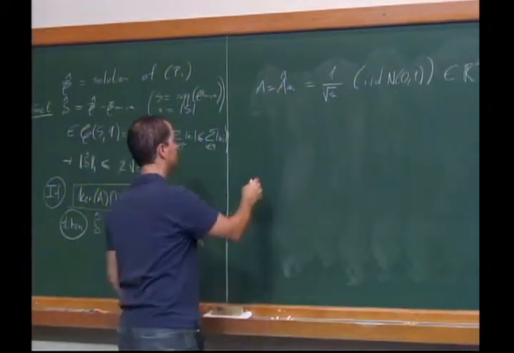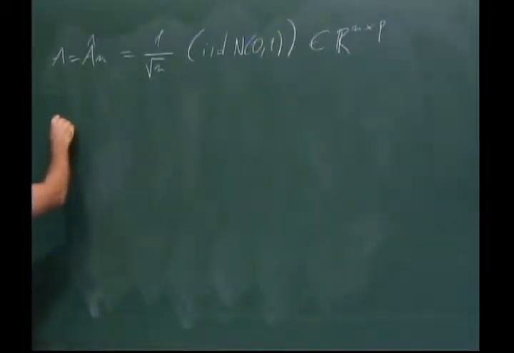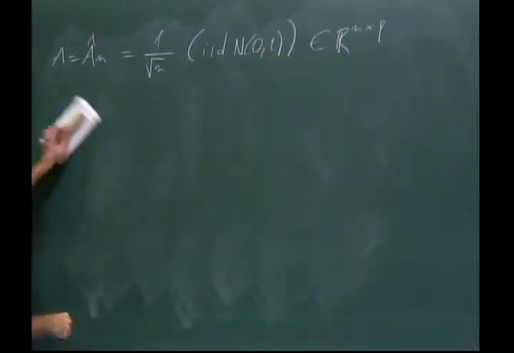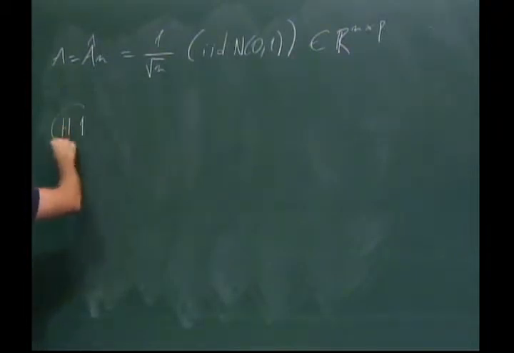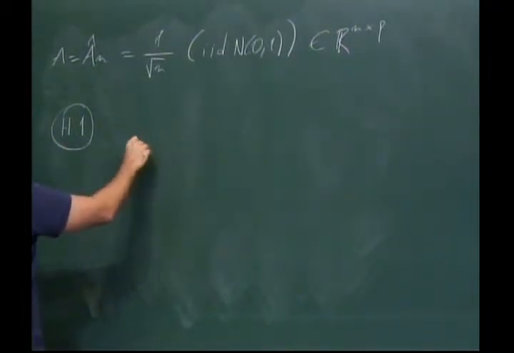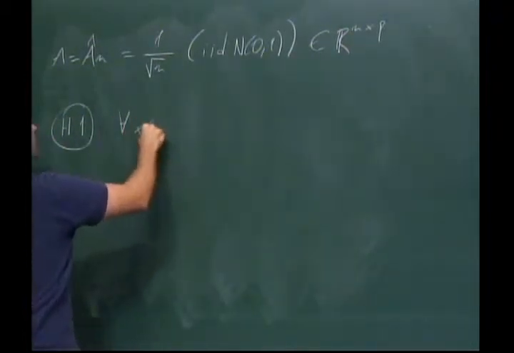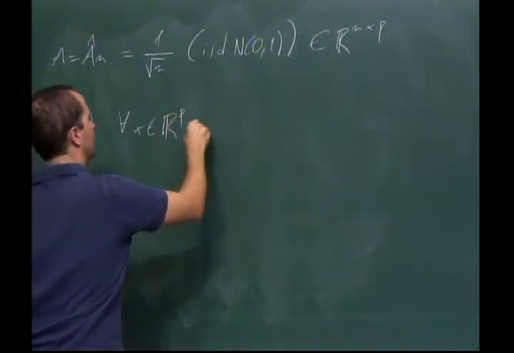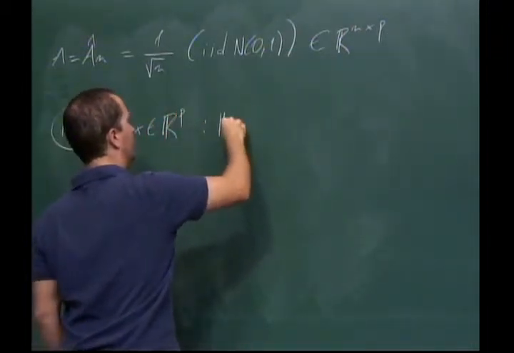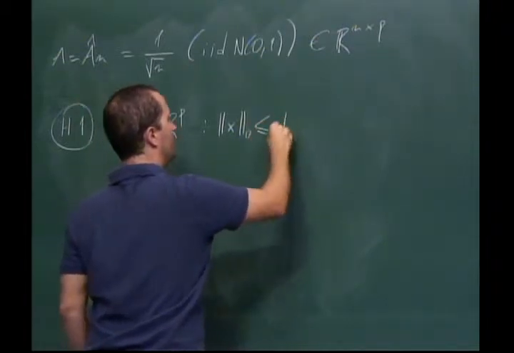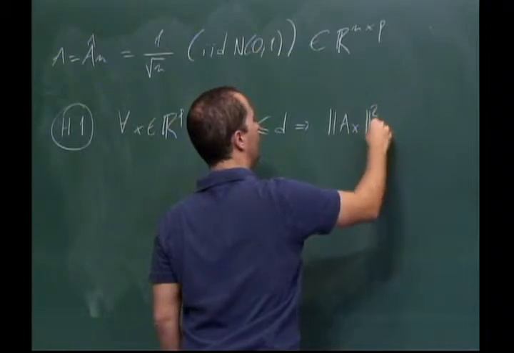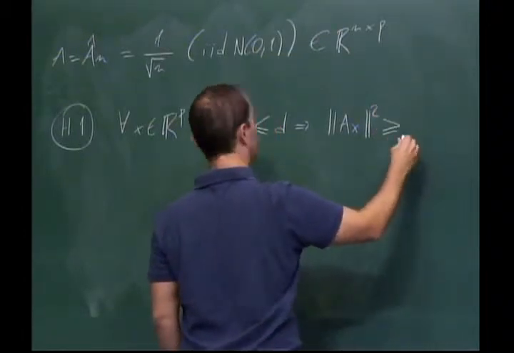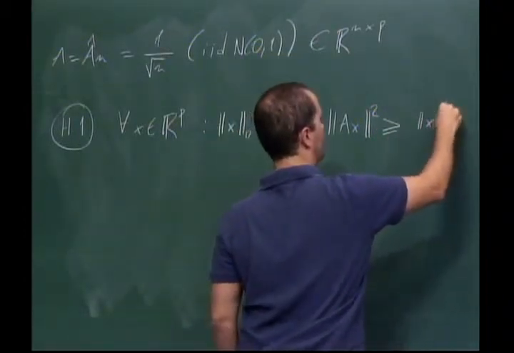So we're going to prove three things. Let me state here a property that a matrix might satisfy: for all vectors x in R^p of L0 norm less than d, you have that the norm of Ax squared is greater than, say, the norm of x squared over 2.